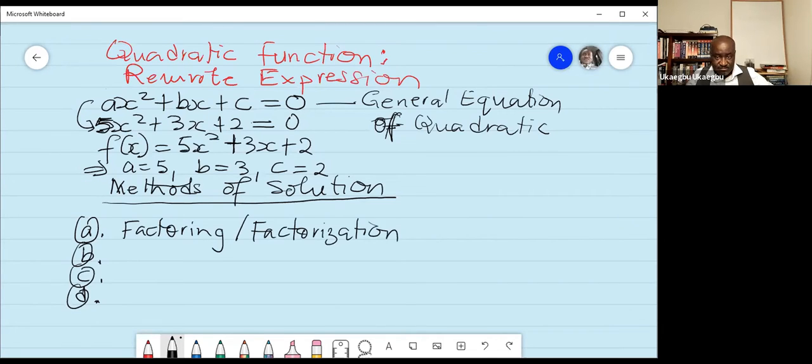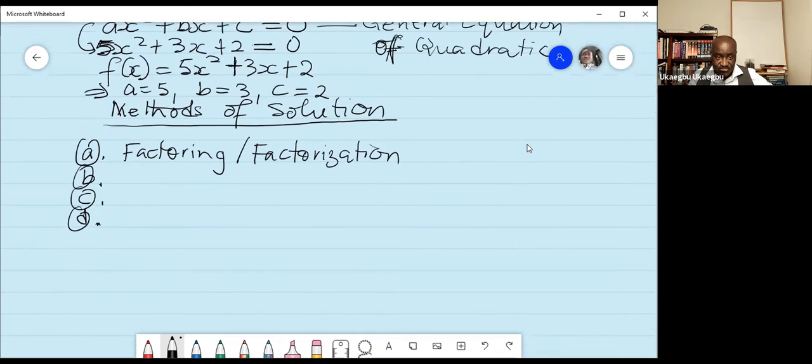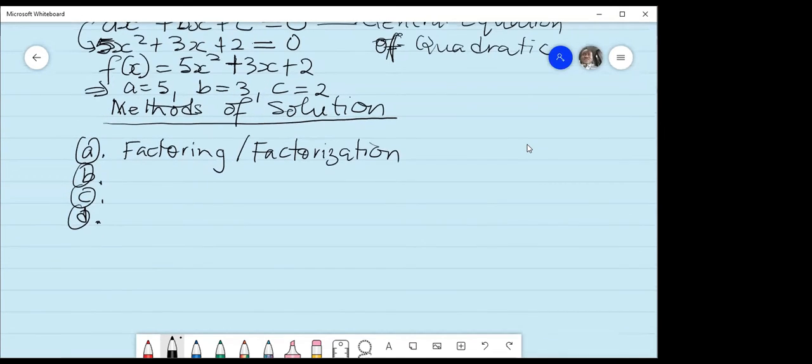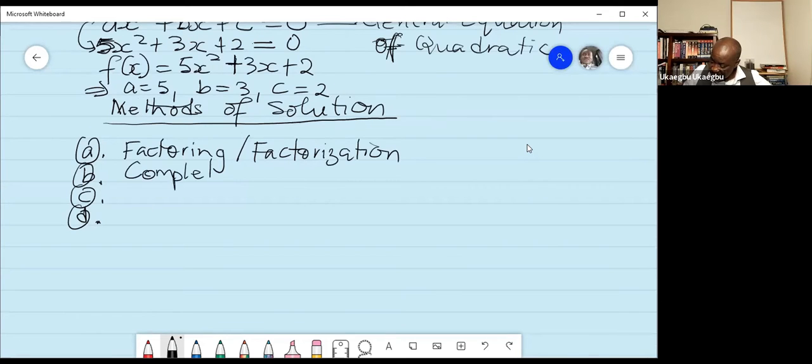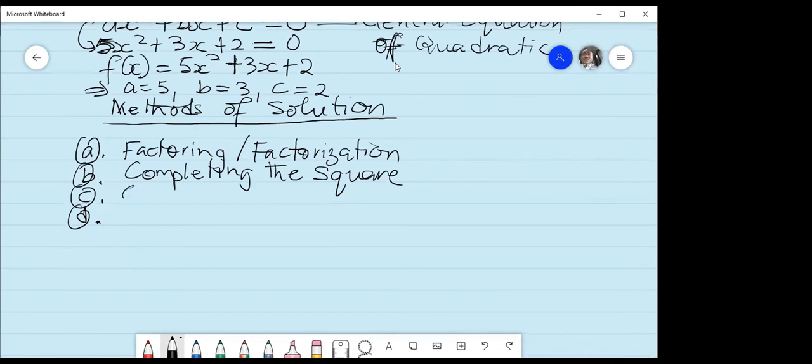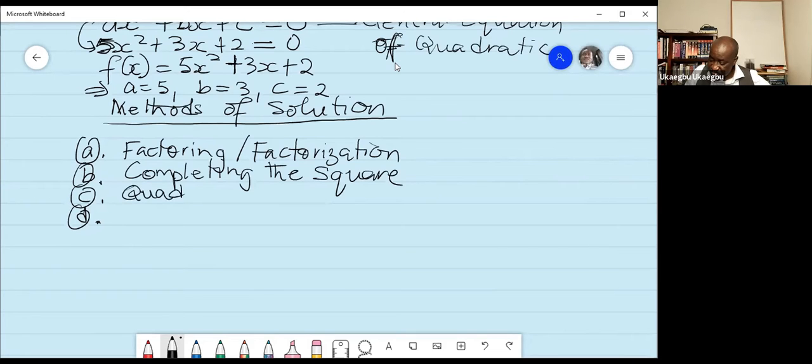Next, another method you may have used in solving quadratic equations. Completing the square. Thank you. And then another method you have used is the quadratic formula. Thank you.